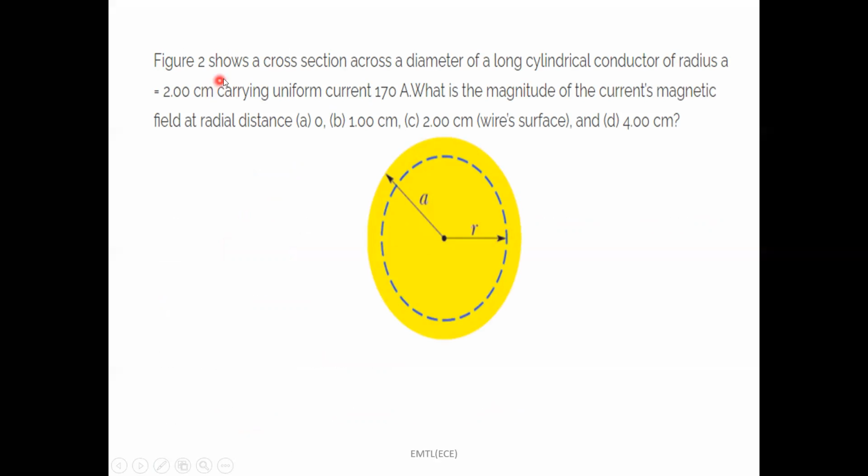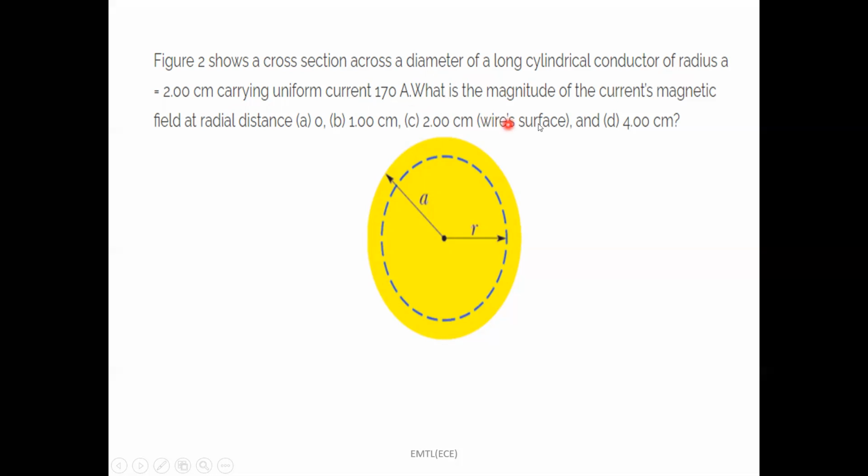The figure shows a cross section across a diameter of a long cylindrical conductor of radius a equal to 2.00 centimeters, carrying a uniform current of 170 amperes.